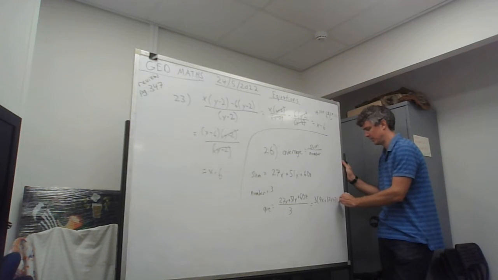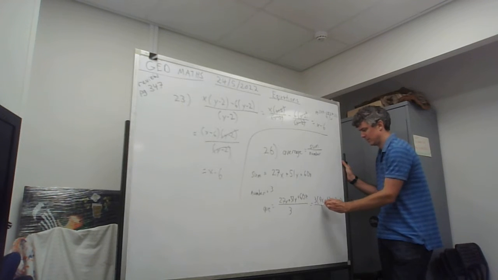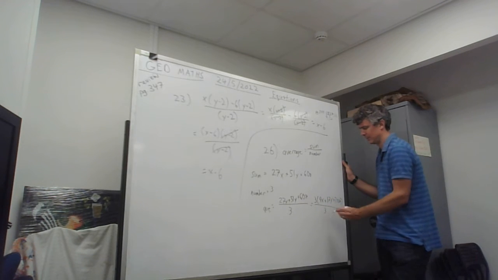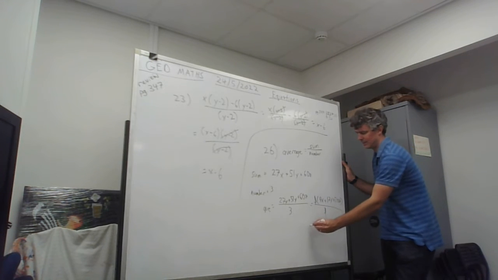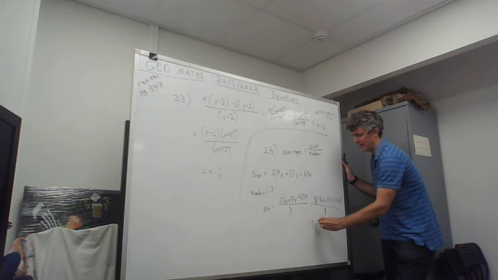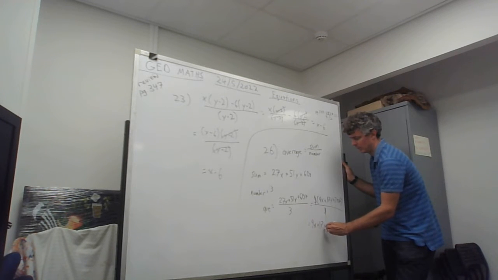Plus 20z, all over 3. So I cancel it, and that equals 9x plus 17y plus 20z.